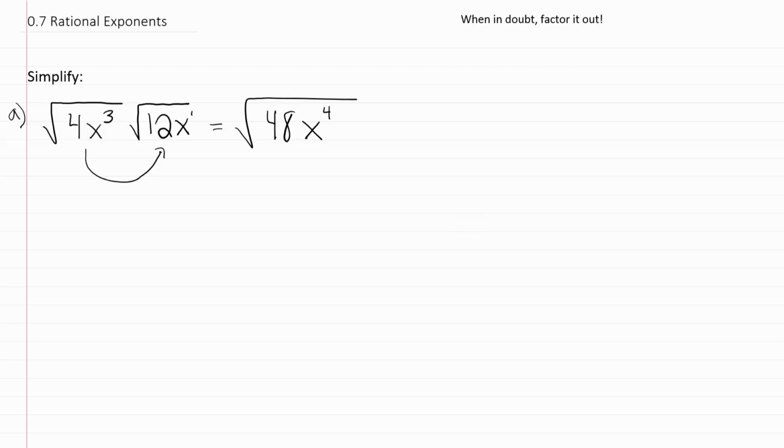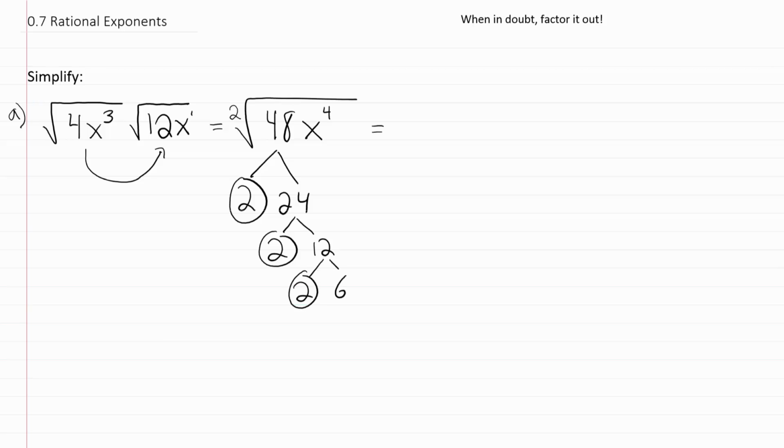In order to simplify it, we can, again, factor. We want to try to break it up into things that have pairs because this is a square root. So 48 can factor as 2 times 24, and 24 can be factored as 2 times 12, and then 12 is 2 times 6, and then 6 is 2 times 3.